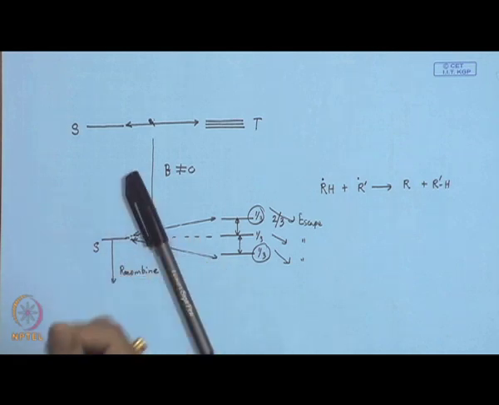That is, radical pairs are now separated out, and they will no longer recombine, because they will now become part of a different cage. Okay, so it will be very difficult for them to recombine.